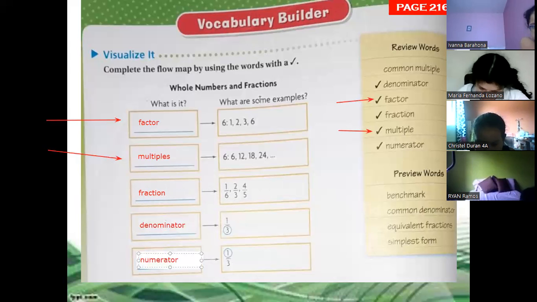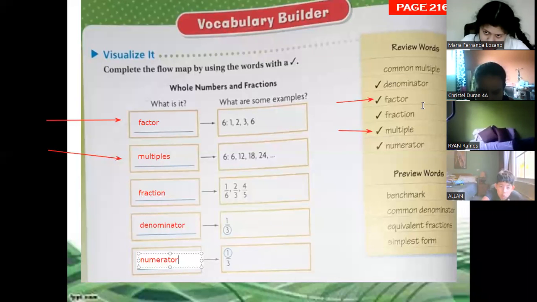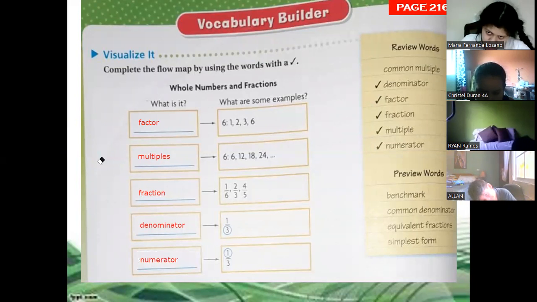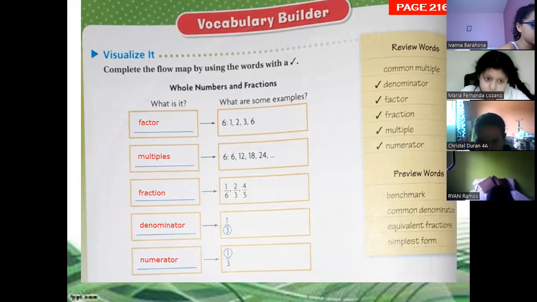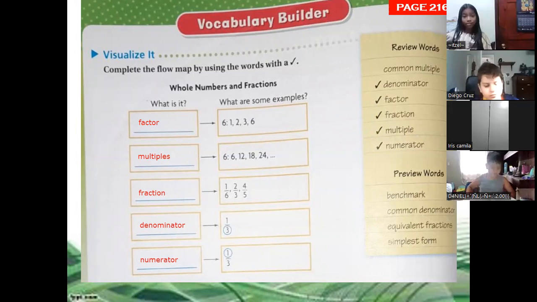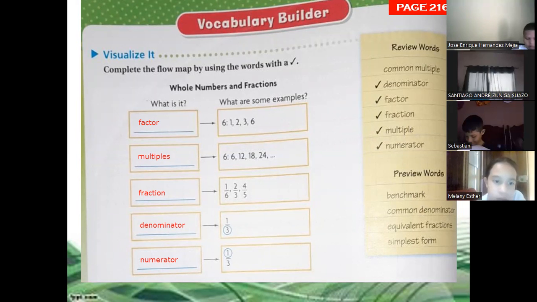30 seconds to finish this one, because we need to complete 4 more sentences. Thank you, Santiago. We need to complete 4 more exercises. Finished, miss? Excellent. Maria Fernanda, did you finish? Yes. Who else? Who is copying?